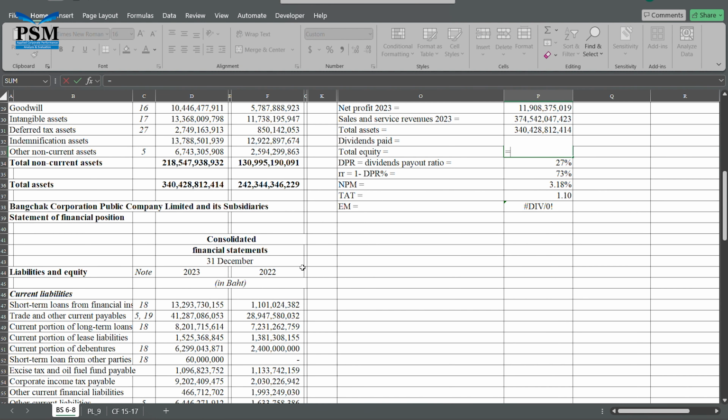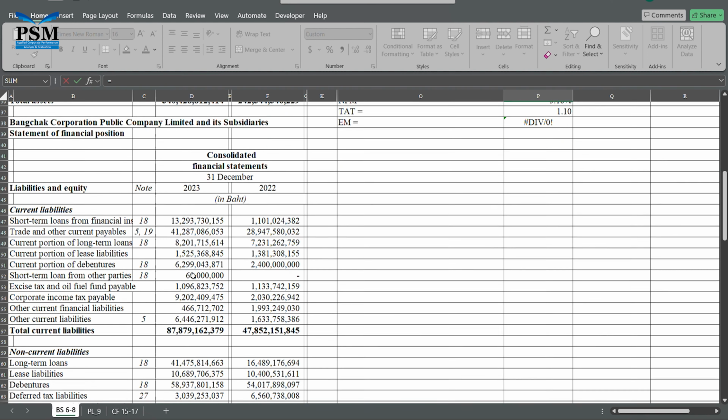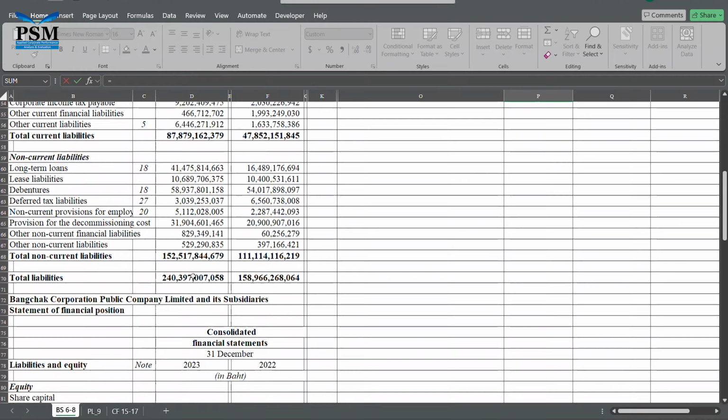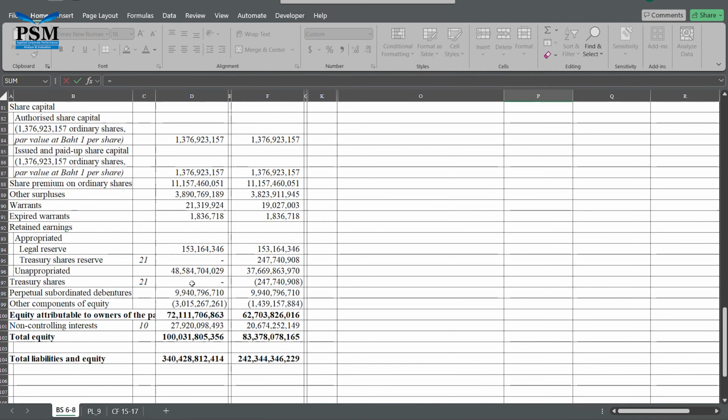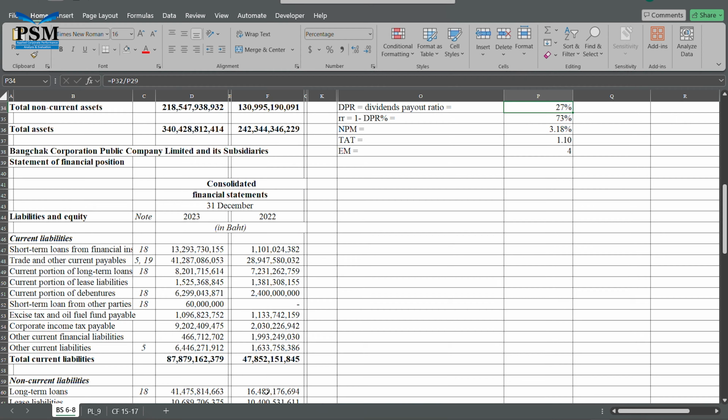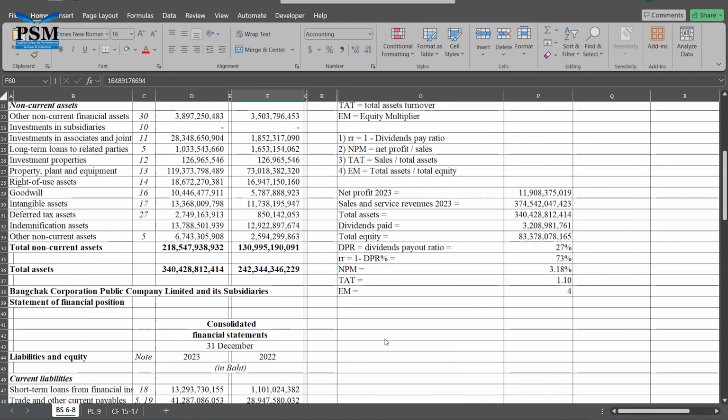We take it from the balance sheet, equity section. The balance sheet has 3 parts: assets, liabilities, and equity. But the equity will be based on the previous year's equity amount. That is 4.08.